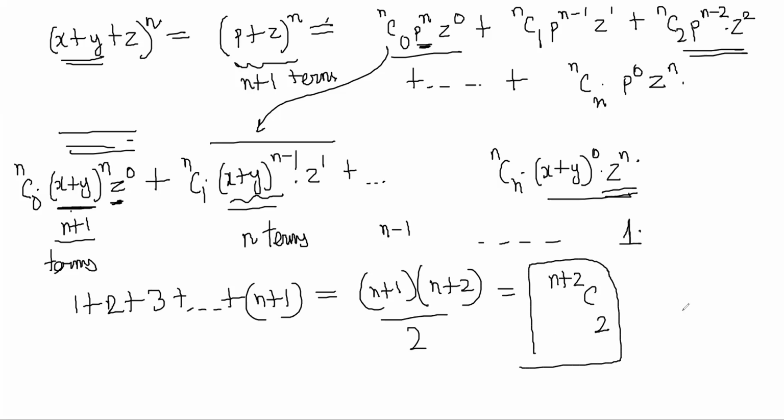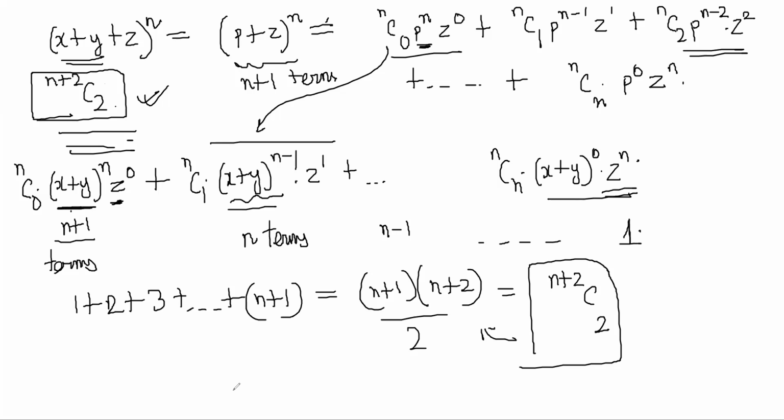Verify this: (n plus 2) factorial by 2 factorial and n factorial. So that is the same thing. Now the number of terms of this series comes out to be this. Now one value we have gotten. We need one more value to be able to detect any patterns.